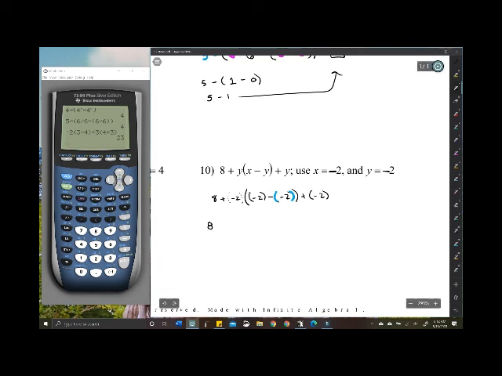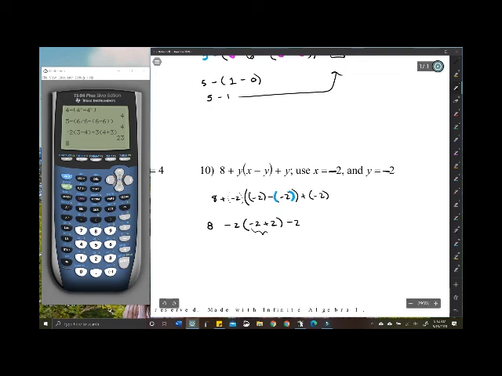So it's 8 plus negative 2, really negative 2 plus 2, and then minus 2 plus a negative. You could just change that to subtraction. Okay, so with all that little bit taken care of, you can evaluate a little easier.